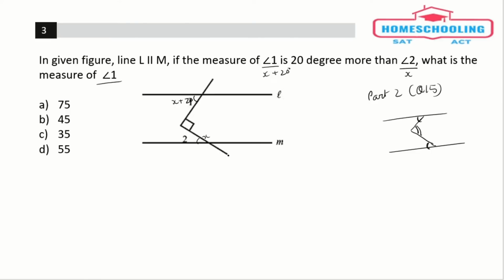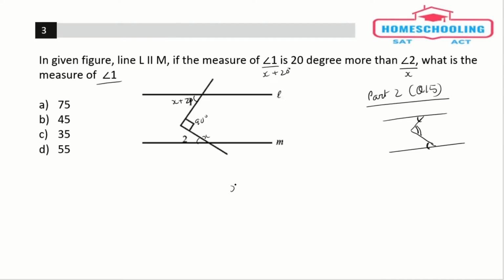So as per the figure, this is a perpendicular line, so it is 90 degrees. As we have read and proved in part 2, question number 15, the sum of these two angles would be equal to this central angle.